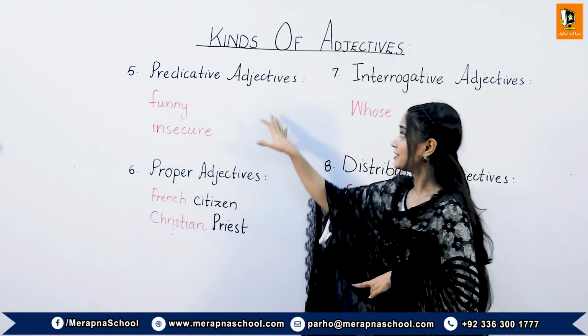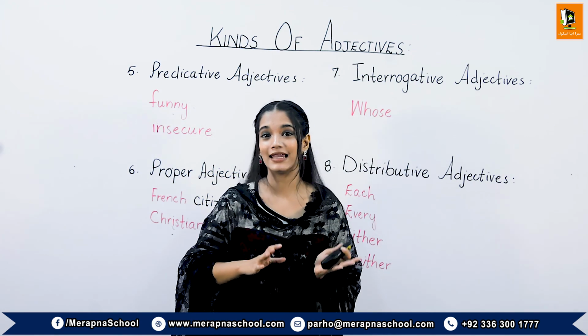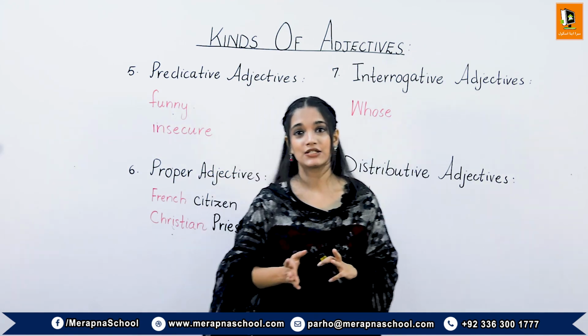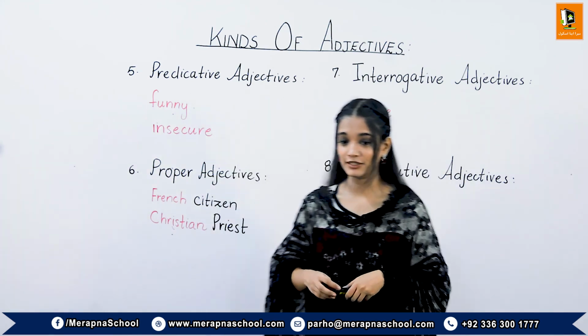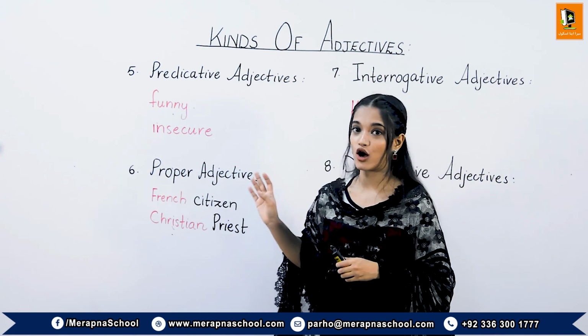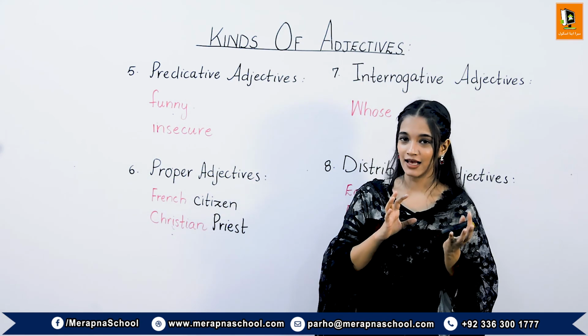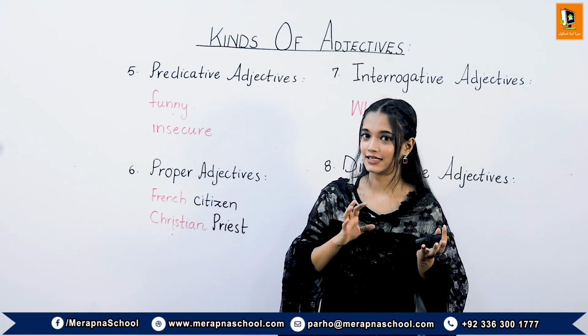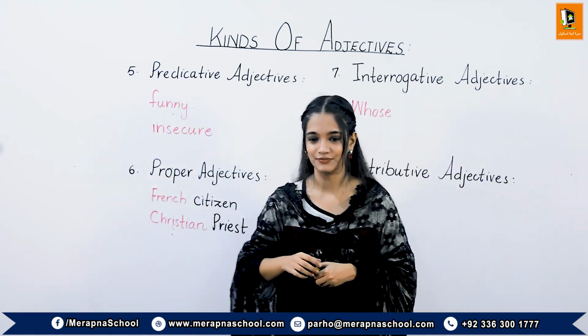And in the case of predicative adjectives, they come after a linking verb. They describe the subject of the sentence. For example, the clown was funny. In this sentence, was is a linking verb, and after that, funny comes, which describes the noun clown.